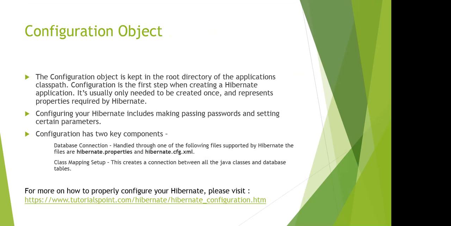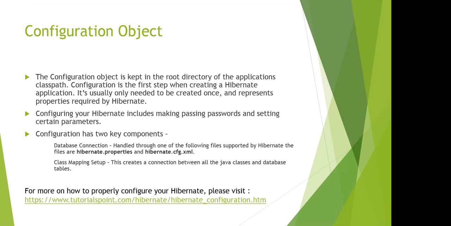So, configuring Hibernate includes making passwords and setting parameters for what you want to happen. There are two very large components to the configuration step. One of those, the database connection, actually connecting to the database through Hibernate, uses the file hibernate.properties and hibernate.cfg.xml.